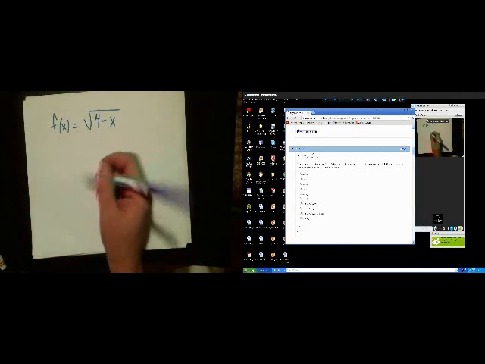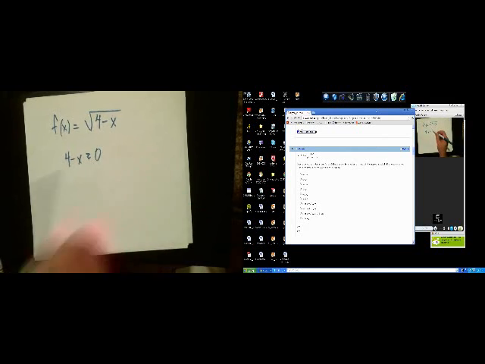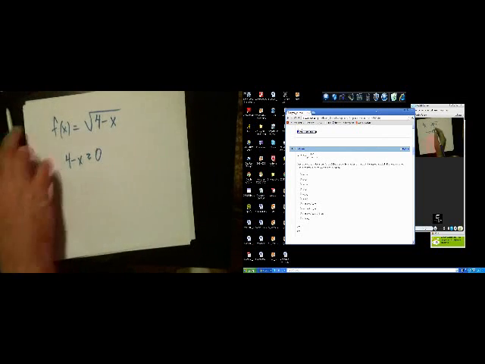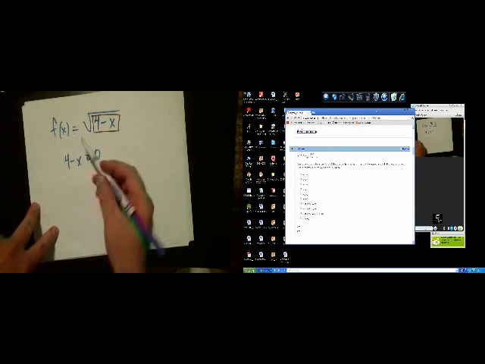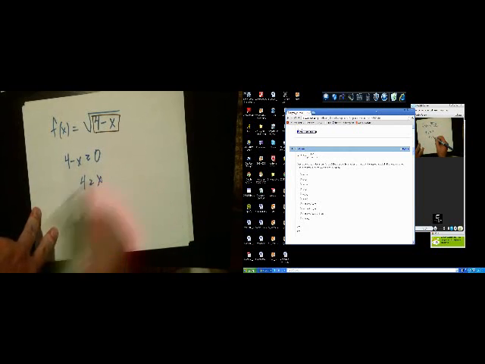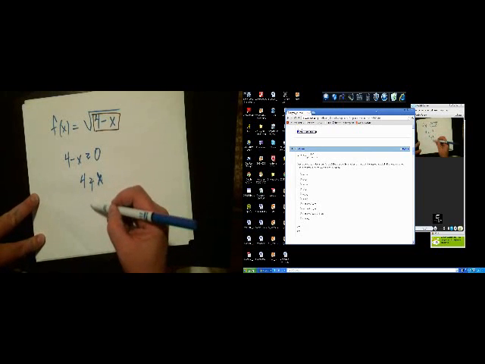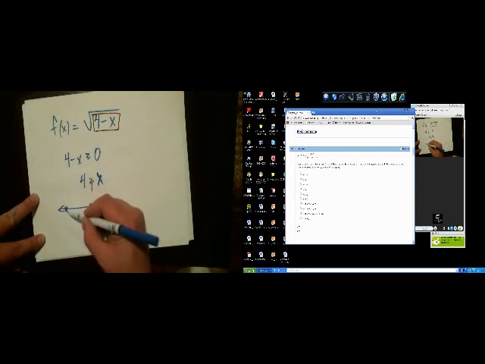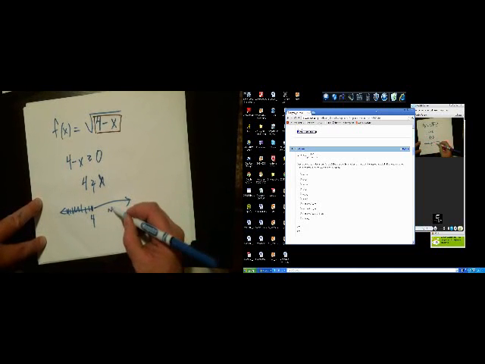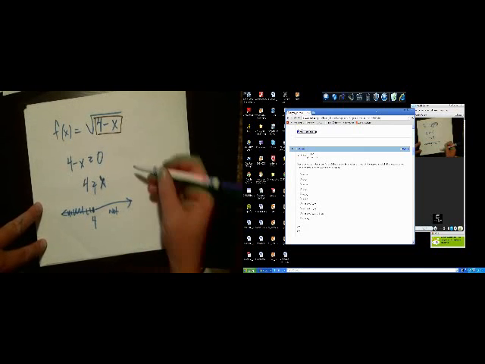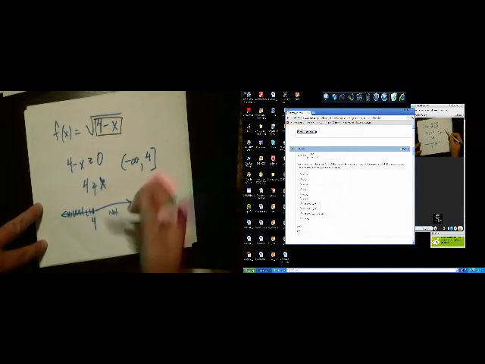You would say, okay, well, 4 minus x has to be bigger than or equal to 0, because whatever is inside the square root is bigger than or equal to 0. So you get 4 bigger than or equal to x. Which means that we're dealing with this set, where this is 4, and we're not dealing with over there, because it would make it 0 or less. So negative infinity, comma 4 with a bracket.